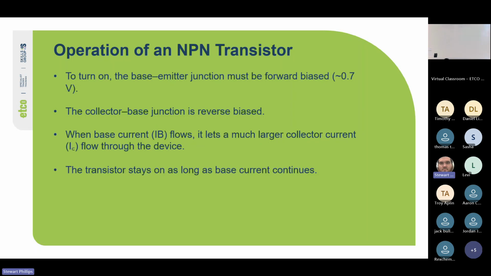The transistor stays on as long as the base current continues. So the base to emitter junction must be forward biased, whereas the collector base is reverse biased.